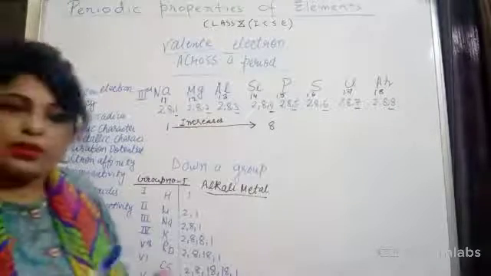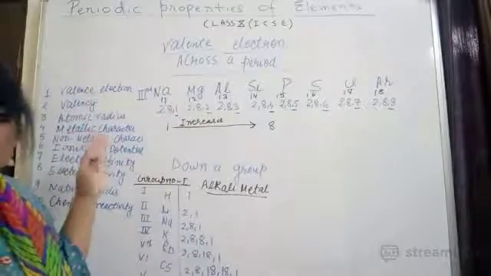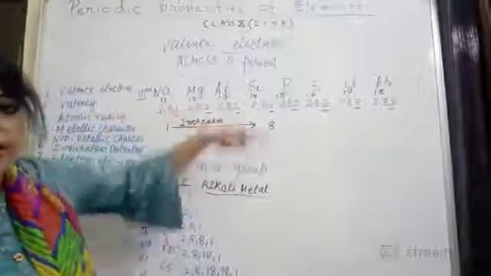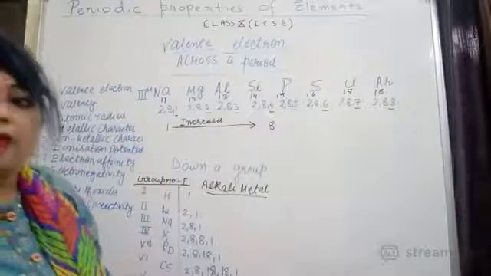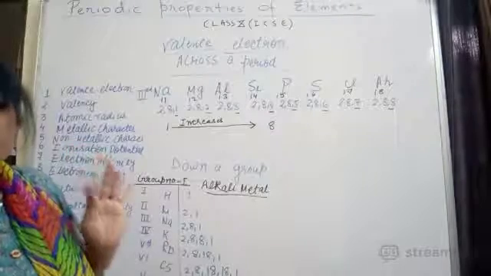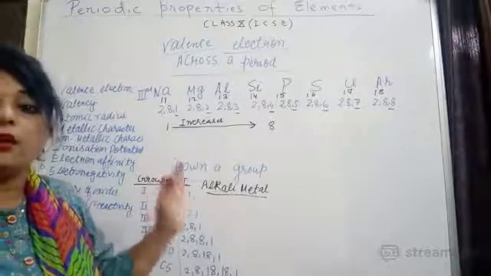Doubt clear? Good. So what is the trend of valence electron when you move from left to right across a period? We have seen valence electrons are increasing, but why are they increasing? Because the modern periodic table is based on increasing order of atomic number.